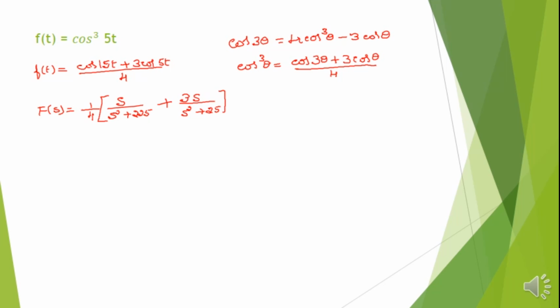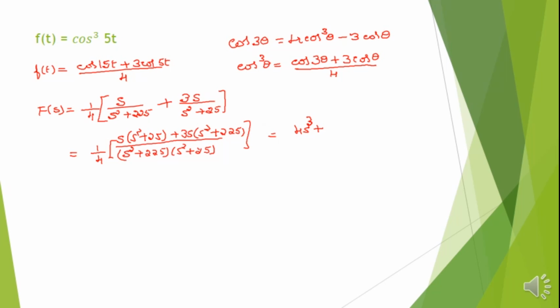So by taking a common denominator, 1 by 4, s square plus 225 into s square plus 25, in the numerator, s into s square plus 25 plus 3s into s square plus 225, that is equal to 4s cube plus 25s plus 675s, that is 700s, divided by 4 into s square plus 225 into s square plus 25.